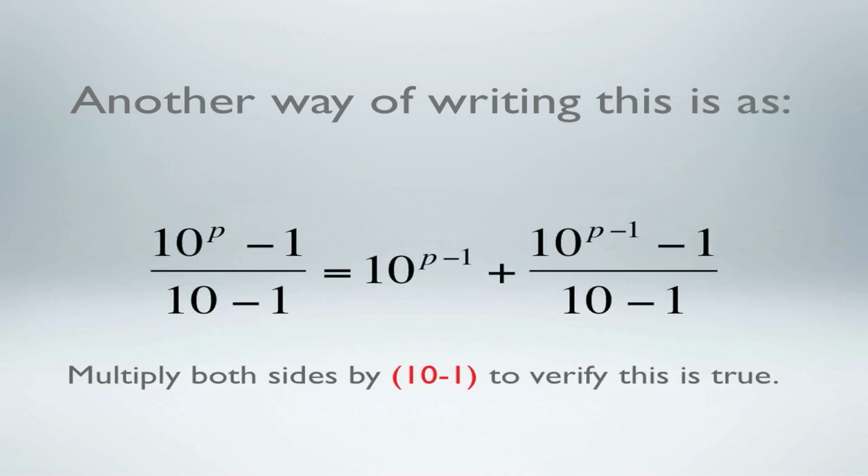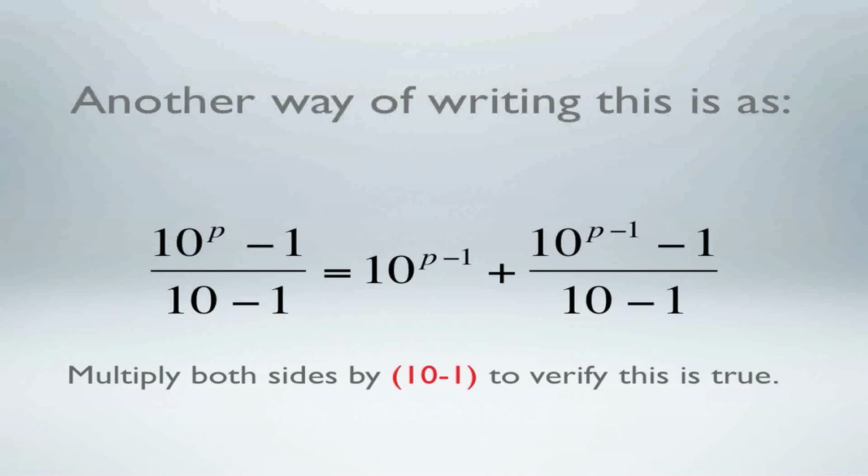So the term on the right-hand side of the plus sign is an integer. Now on the left-hand side of the plus sign we have 10 to the p minus 1, but remember p is also an integer, a number greater than 1. So 10 raised to some power, 10 squared, 10 cubed, and so on, is also an integer.